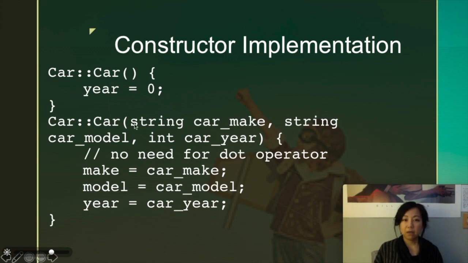The other constructor that we have defined takes in 3 parameters. When we set up the values for the private members, we don't need to use the dot to access them, because we are within the class itself, so we can access the variables freely.